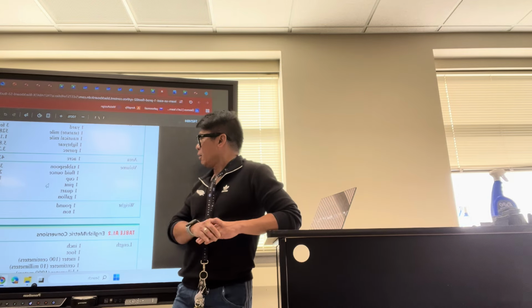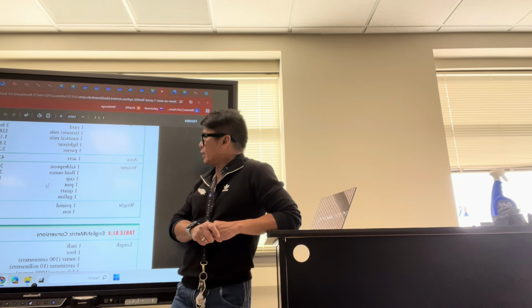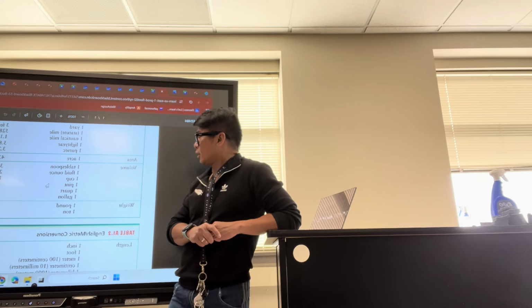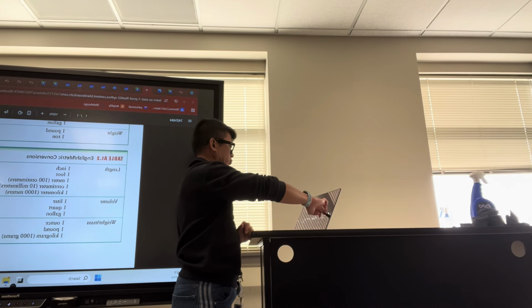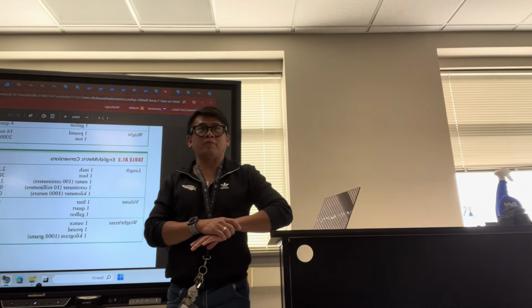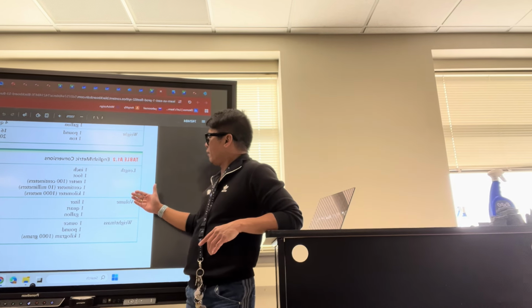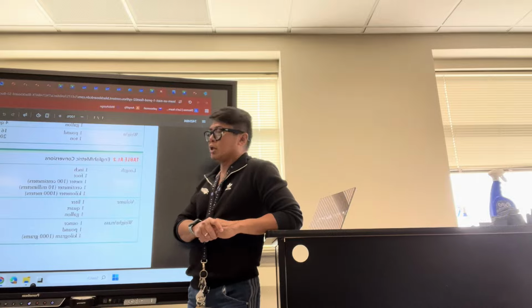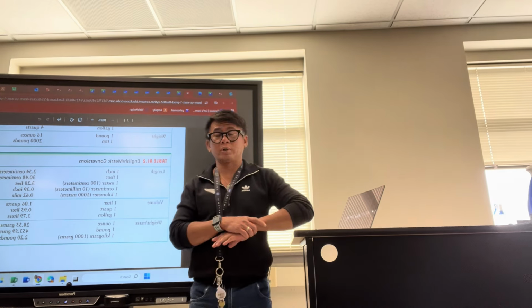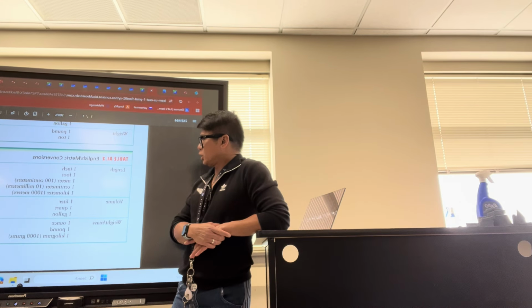Weight, okay? Pounds, ounces, and tons, okay? English and metric conversions, all right? Both for length, volume, and mass, okay? So, yes, those are our cases for such.